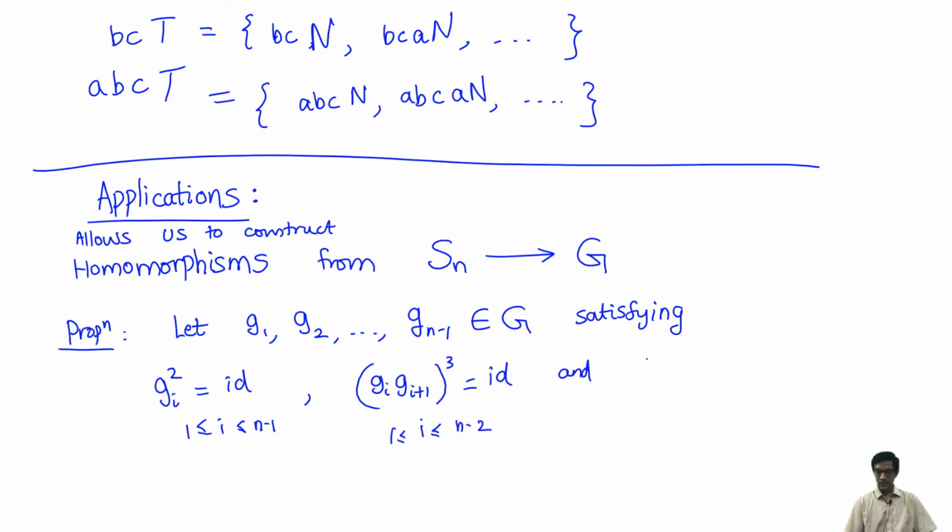And the third set of relations: (gi gj) squared is the identity for all j at least i+2, and i between 1 and n-1.